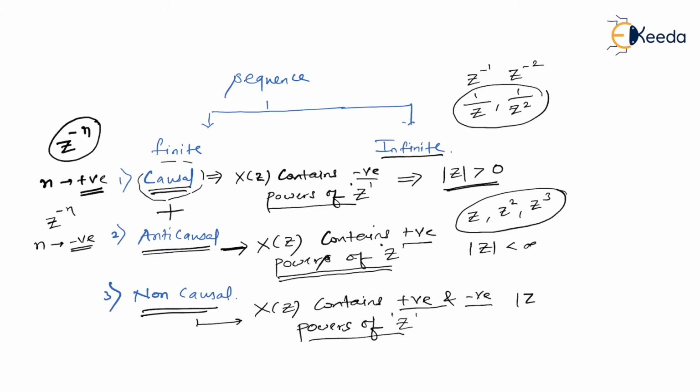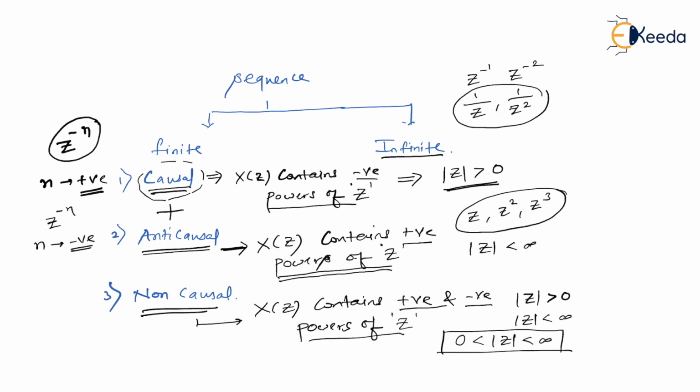Then you should actually avoid 0 also, infinity also. Therefore, your mod of z will lie between 0 and infinity. That is, mod of z should be greater than 0 and mod of z should be less than infinity. And you can club this together. That is, mod of z should be greater than 0 but less than infinity.